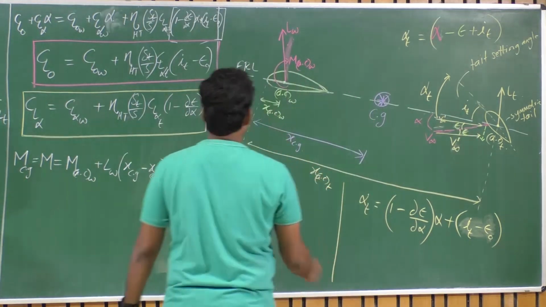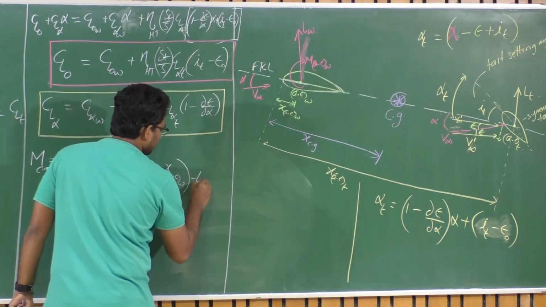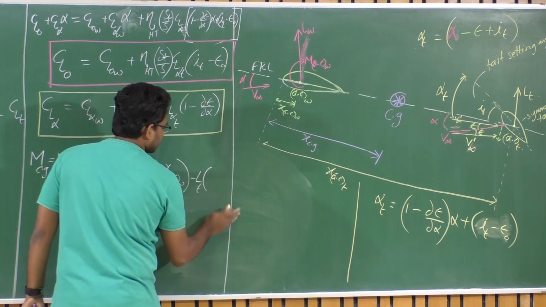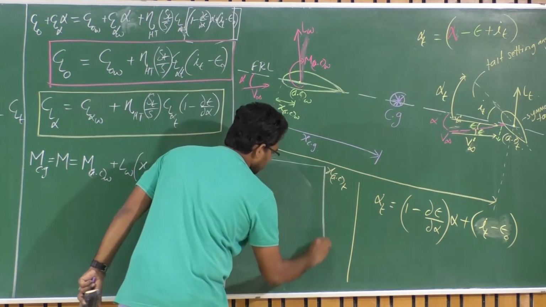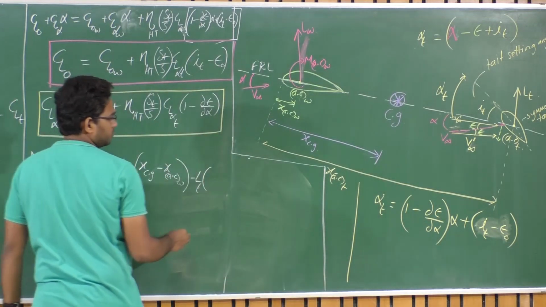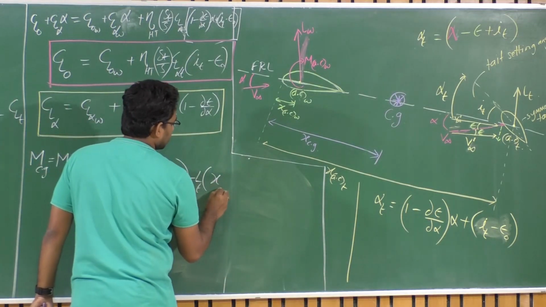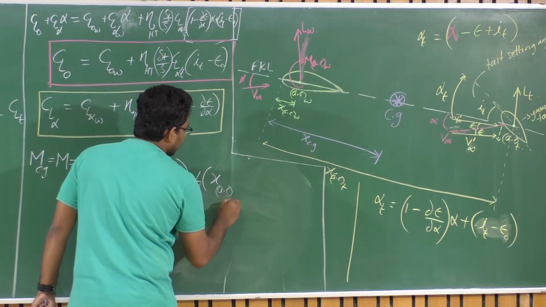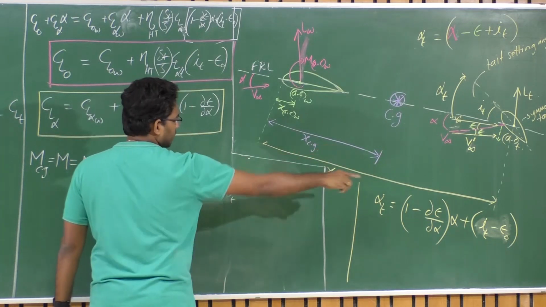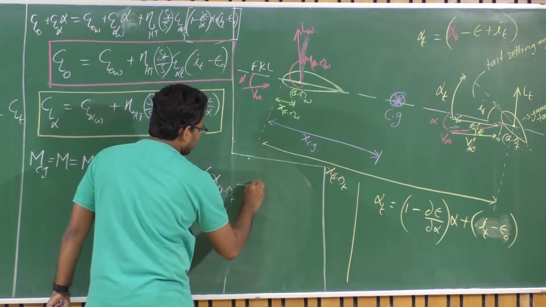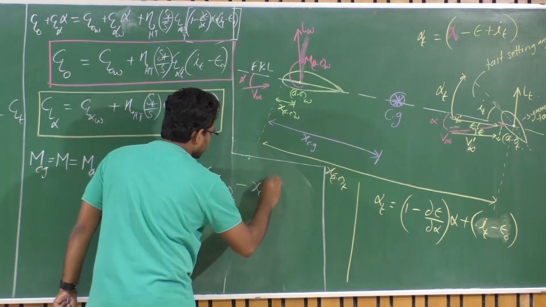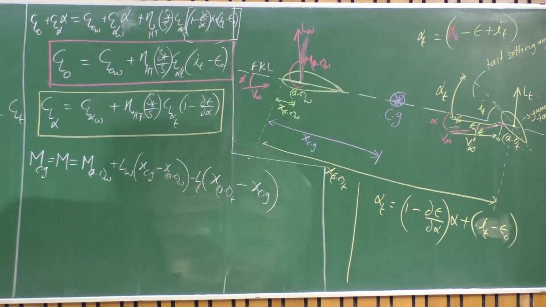Which is equivalent to minus lift at tail times X_AC of tail minus X_CG. This is the AC of tail.